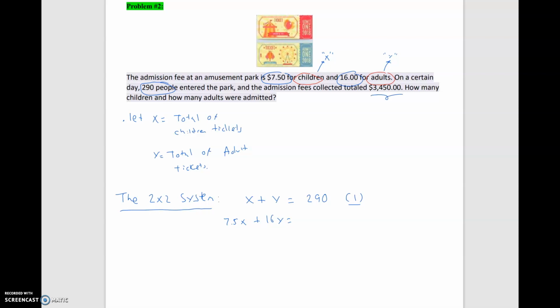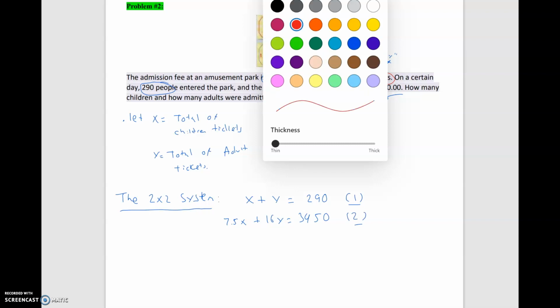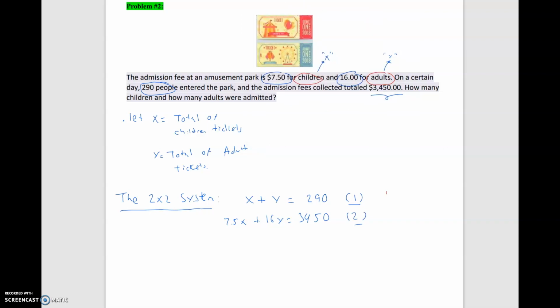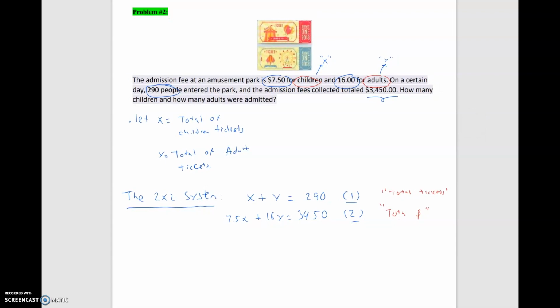So 7.5x plus 16y is equal to 3,450. This will be equation 2. Technically we're doing one equation for the total tickets, and the other one for the total money or the fees that were collected.